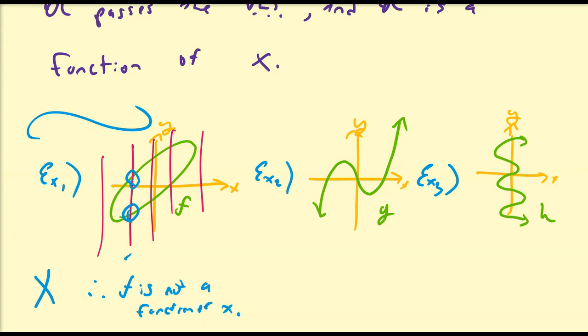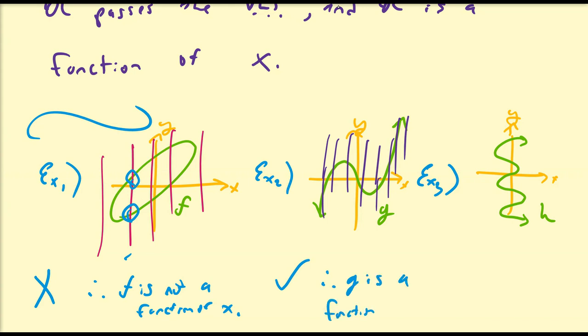So therefore, f is not a function of x. Let's consider the next graph. If we draw a vertical line here, here, here, here, here, here, here, notice that every vertical line we draw crosses at most and only 1 time. So if that is true, then things are good. Therefore, g is a function of x.